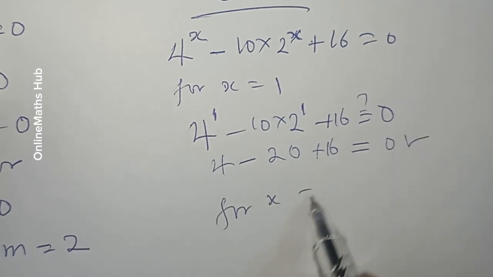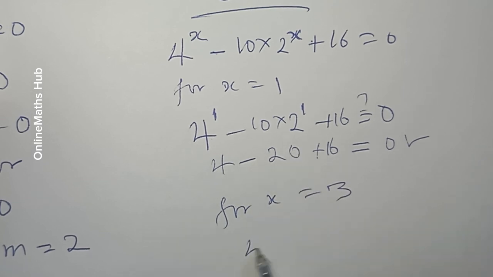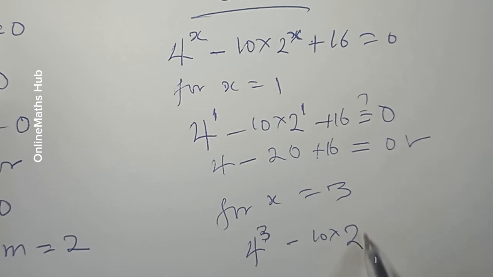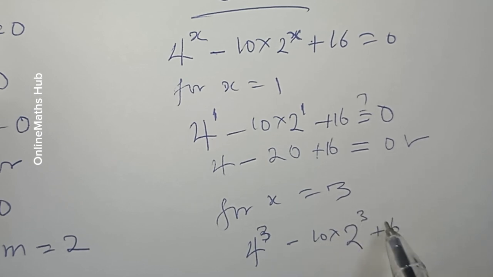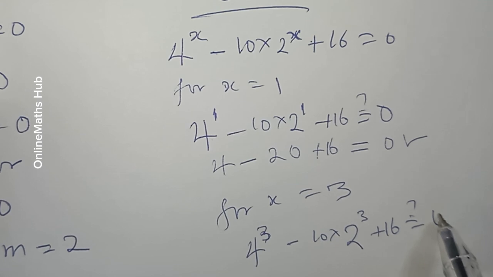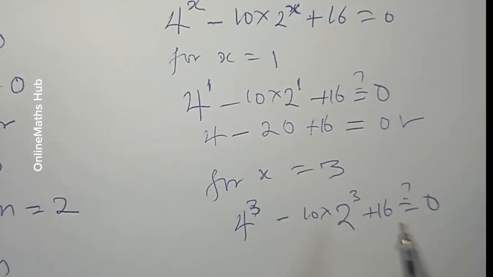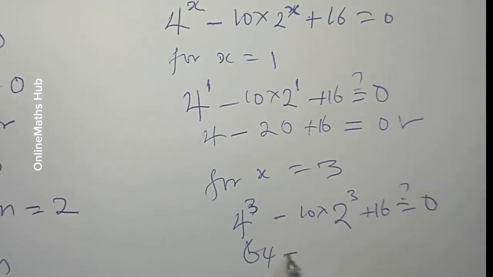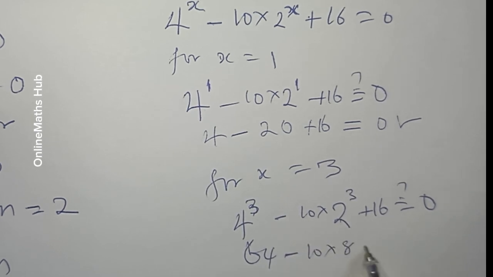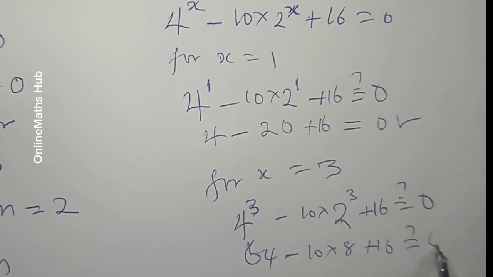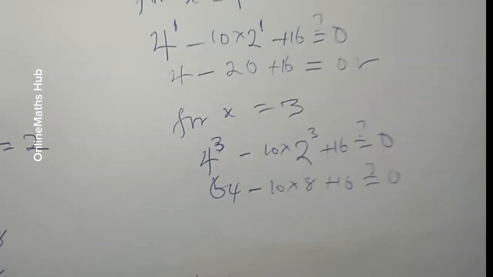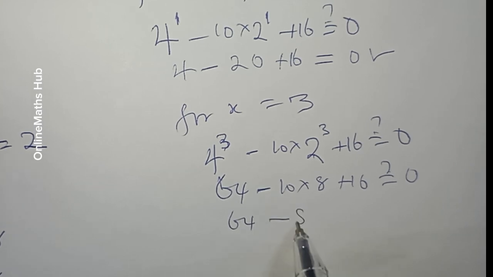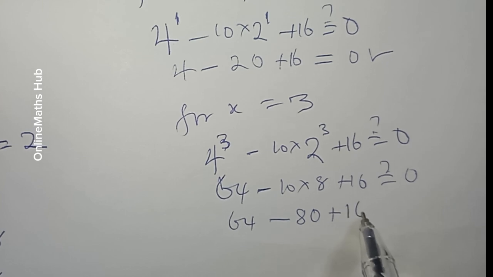Then for x equal to 3, we do the same: 4^3 - 10 × 2^3 + 16. We want to find out whether this is equal to 0. 4^3 is equal to 64, and 10 times 2^3, which is 8, is 80. So this is 64 - 80 + 16.